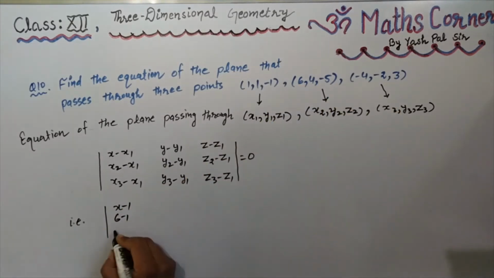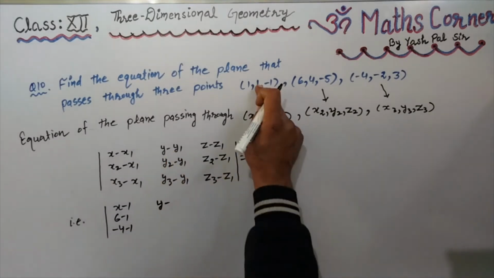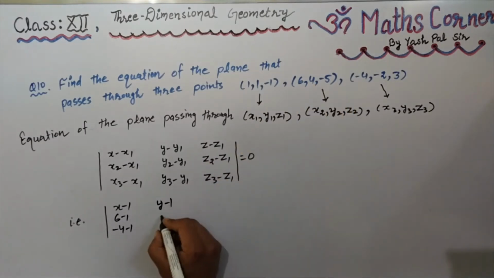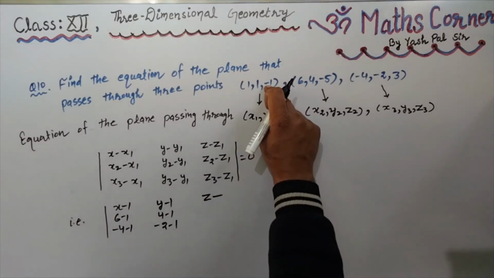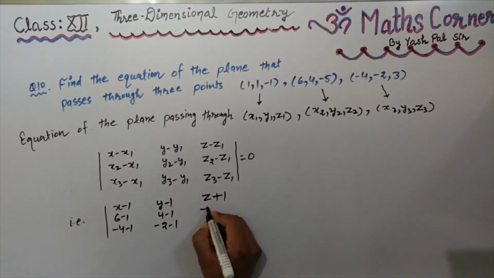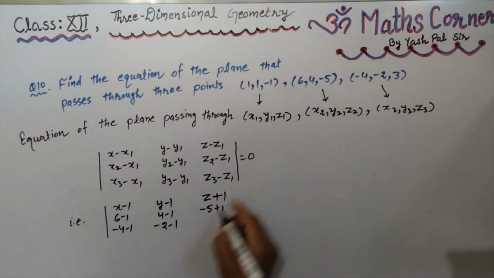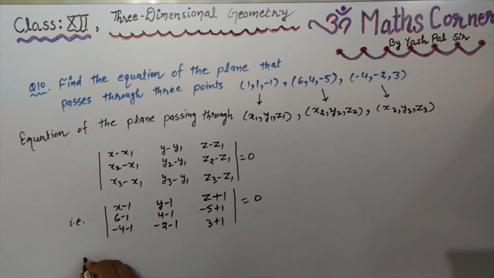Now we substitute the values. x minus x1 is x minus 1, x2 is 6 minus 1, x3 is minus 4 minus 1. Similarly, y minus y1 is y minus 1, 4 minus 1, minus 2 minus 1. Next is z minus z1, z1 is minus 1, so minus minus is plus 1: z plus 1, minus 5 plus 1, 3 plus 1, is equal to 0.